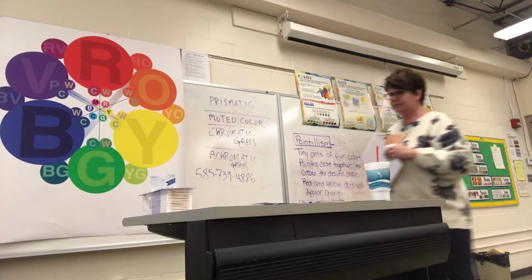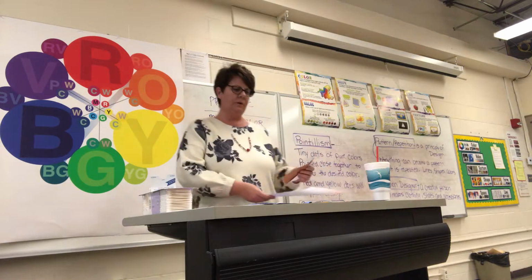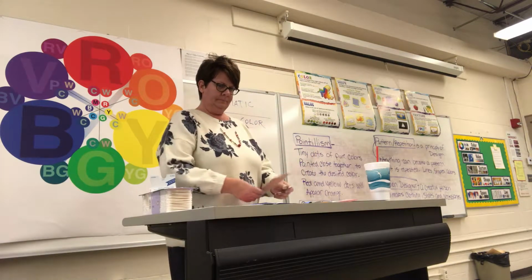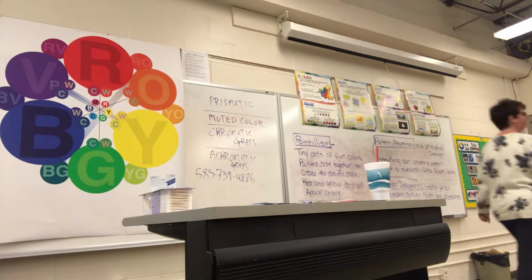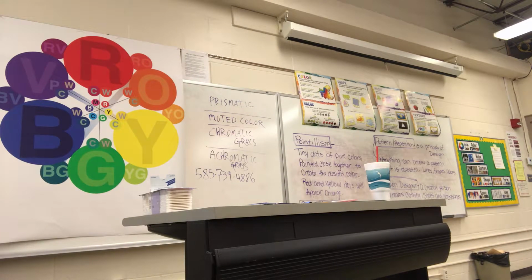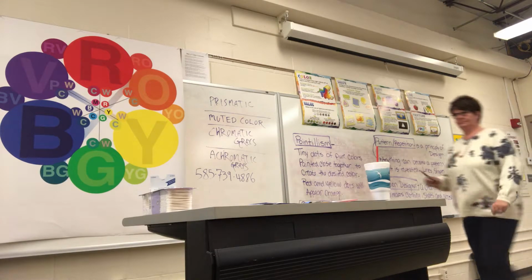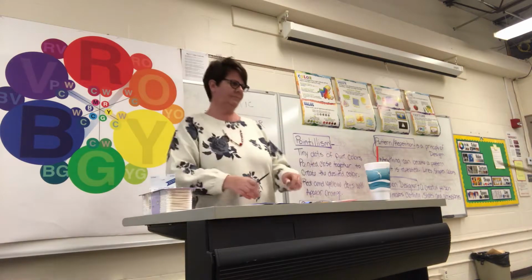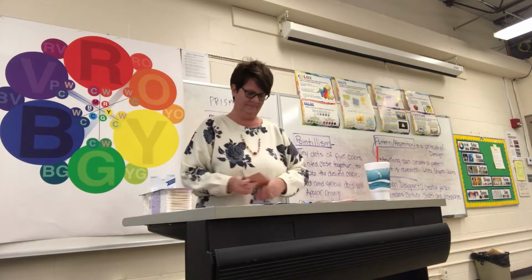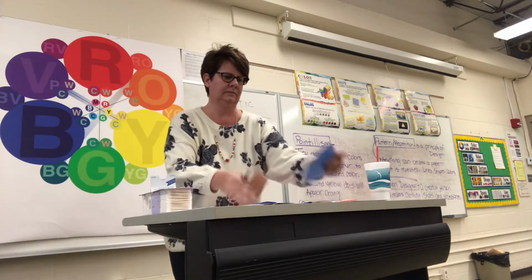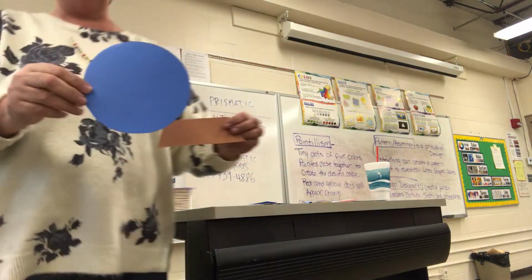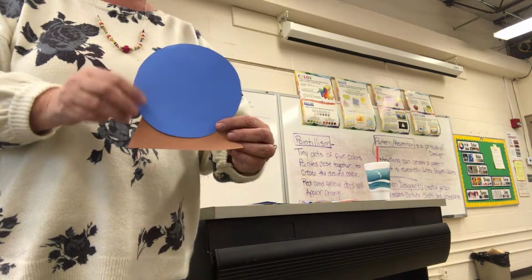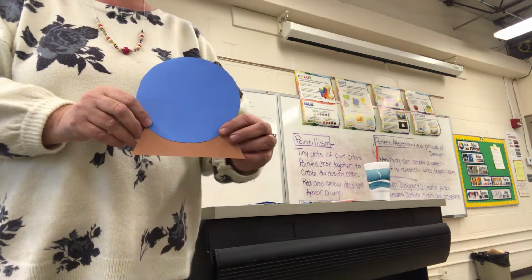I think in the lesson plan I wrote brown or black. Either one would look good. So when you get done, you should have a blue circle and a brown base. We're not going to glue them together yet.